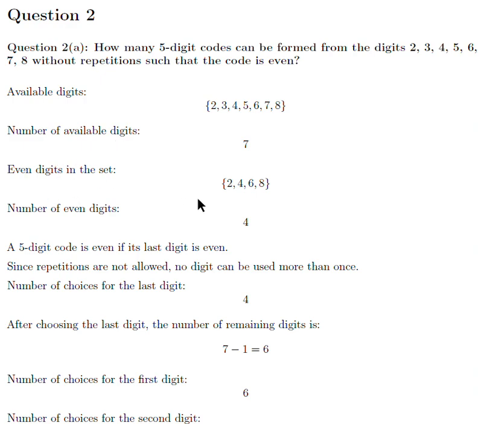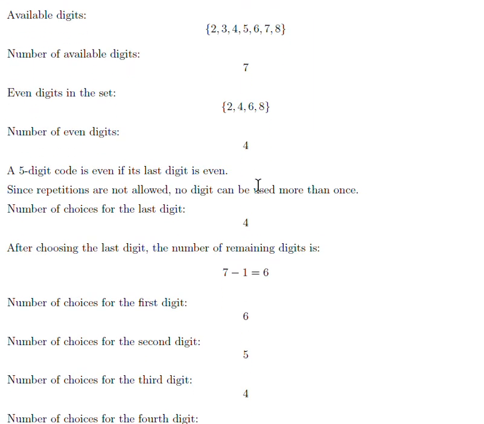And another piece of information is that the code is even, that is, the code must end with either 2, 4, 6, or 8, because those are the even numbers in this set. In our set, we have a total of 7 digits, and for the last position in our code, we already know it can be any of these 4 numbers: 2, 4, 6, 8.